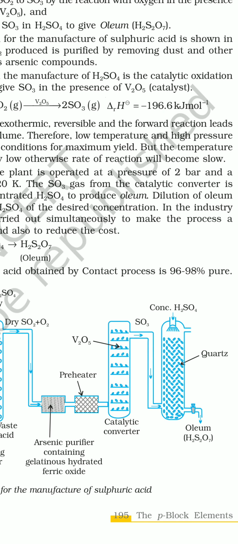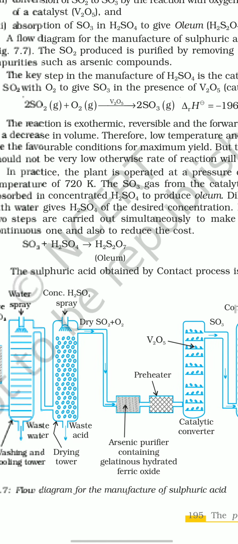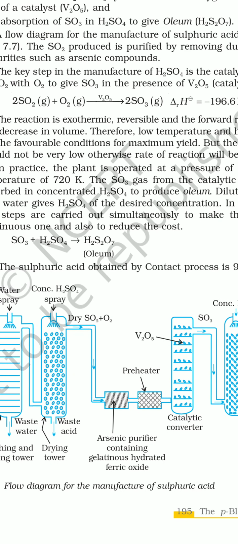So sulfur trioxide is absorbed in sulfuric acid to give you oleum, which is H2S2O7. Now this oleum is removed from the tap, and then we can get sulfuric acid of any desired concentration from this, and the sulfuric acid which is obtained is around 96 to 98% pure. So this is how sulfuric acid is manufactured by the contact process.